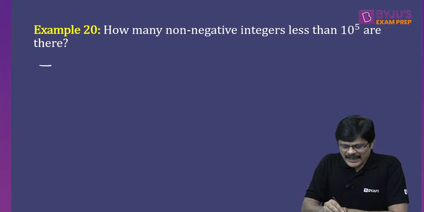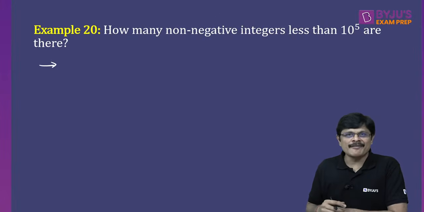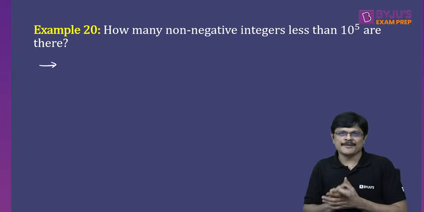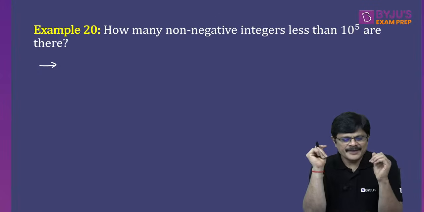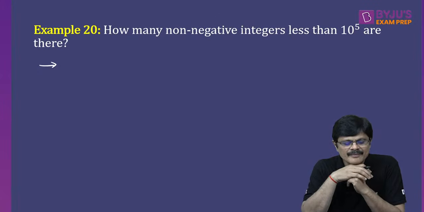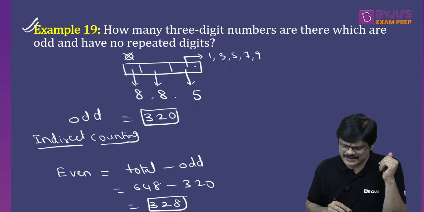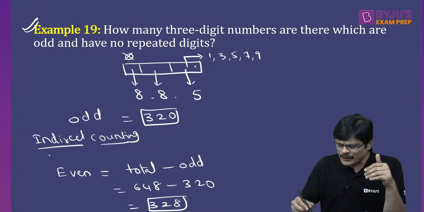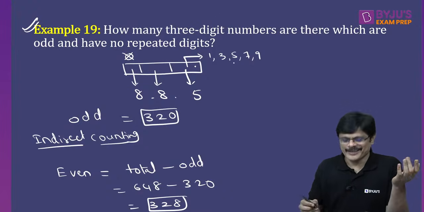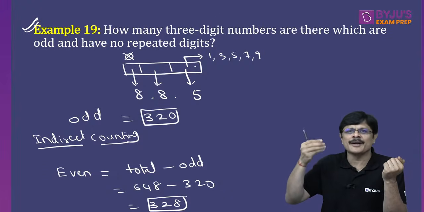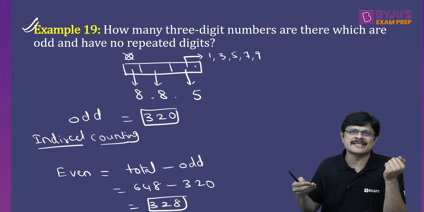See, I will give you a general logical way of solving it. Common sense way also I will give you. See, my dear friends, in two cases also we can solve. If you want, you can do it in 5 cases also: ending with 1 as a separate problem, ending with 3 as a separate problem, ending with 5 as a separate problem, ending with 7 as a separate problem.